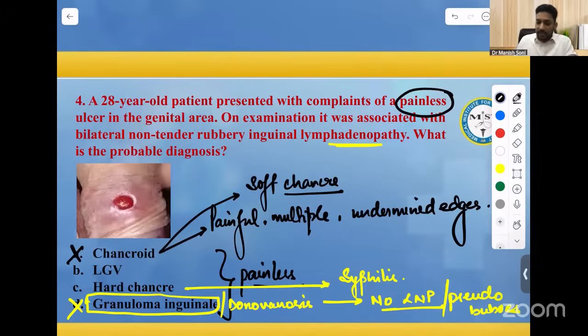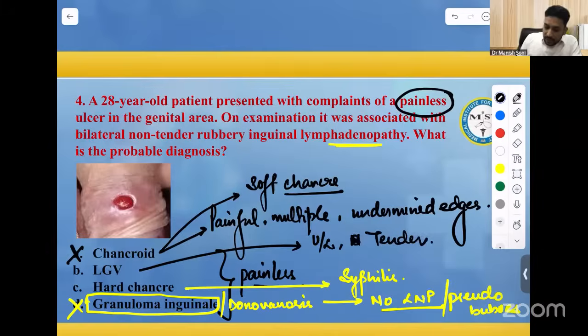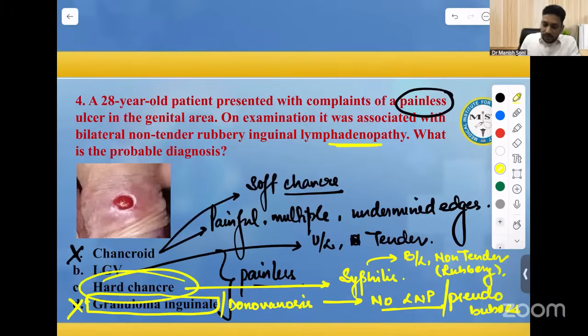In LGV, the lymphadenopathy is unilateral and tender, while in syphilis, the lymphadenopathy is bilateral, non-tender, with rubbery consistency.